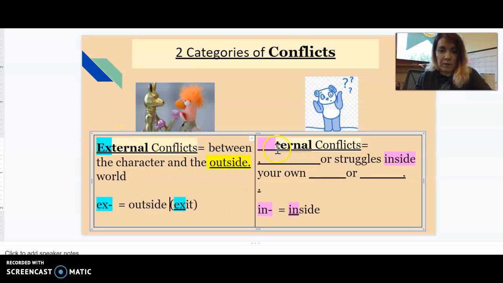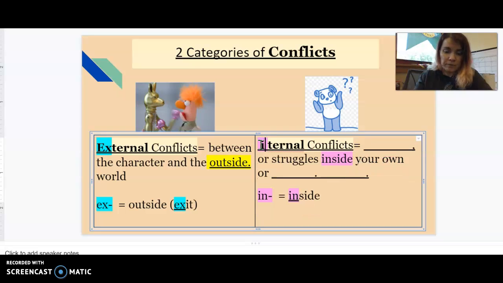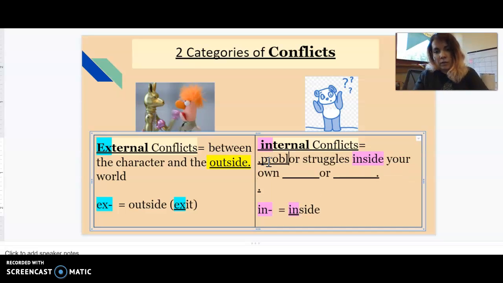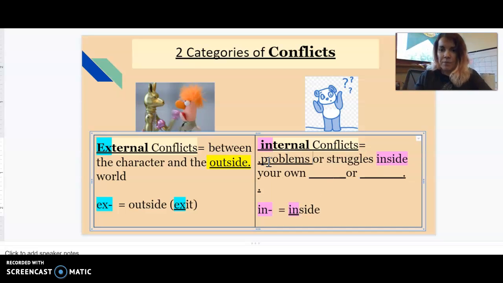The other type of conflicts we all face are what is called internal conflicts. That one's a little bit easier to remember, because the prefix in literally means inside. So, internal conflicts means problems or struggles, let's type that in there, that are inside the character's own heart or mind.